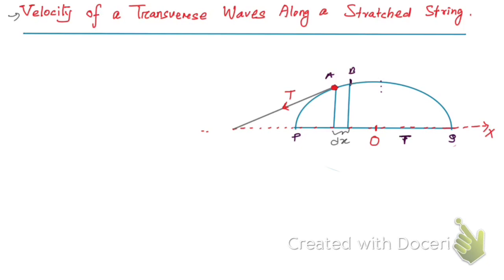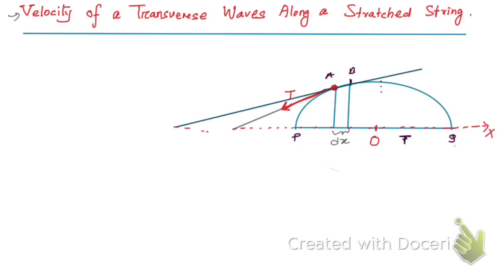Similarly, as you can see, the tension at A will be along the tangent at the point A, and similarly the tension at B will be along the tangent drawn at B, right?